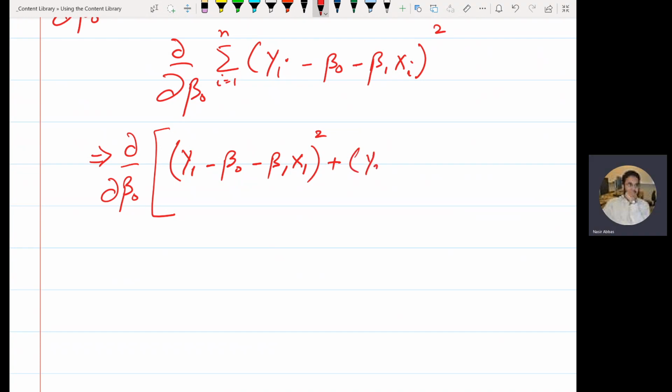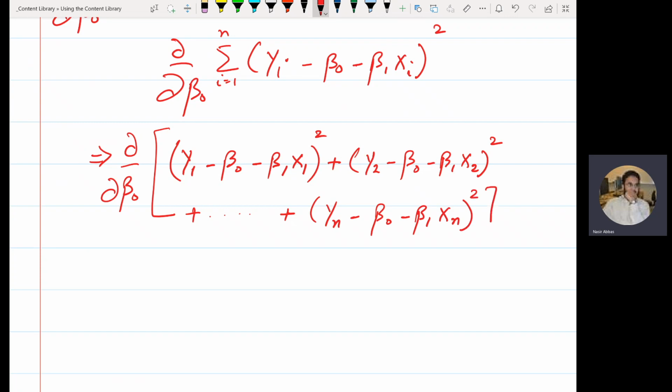The second term of summation is y2 minus beta naught minus beta 1 x2 whole square. True? Plus all the way up to yn minus beta naught minus beta 1 xn whole square. This is epsilon 1 square plus epsilon 2 square plus epsilon 3 square all the way up to epsilon n square.